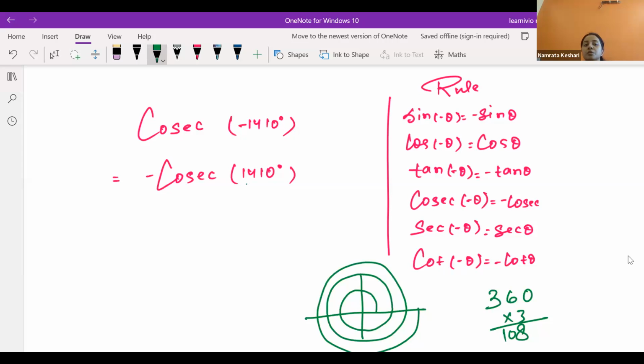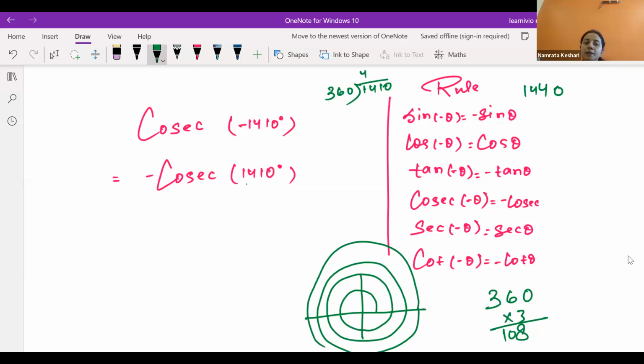So I am feeling like I need to make at least 4 rounds, because if we divide 1410 by 360, we will at least get 4. So 4 times 0 is 0, 4 times 6 is 24, 4 times 3 is 12, plus 2 is 14. See, we are getting 1440.